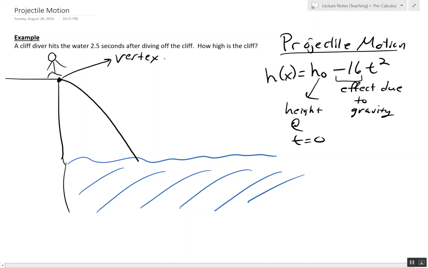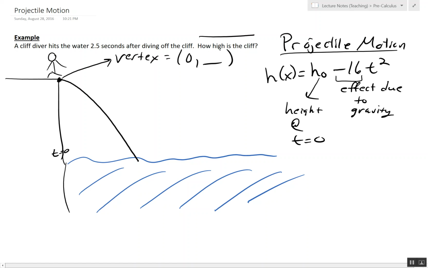And so we know that this is going to be at t equals 0, because that's before they jump, at the exact moment they jump. So we know that the x-coordinate is 0. So how high the cliff is just really going to be the y-coordinate right here.